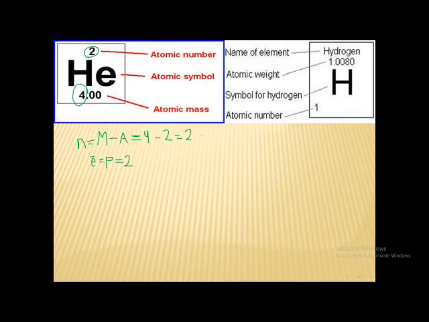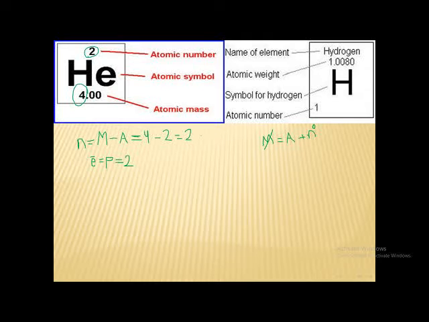What about hydrogen? If we go to hydrogen, we have the atomic number and the mass number, and the mass number is the atomic number plus the number of neutrons. So what is the number of neutrons we have?